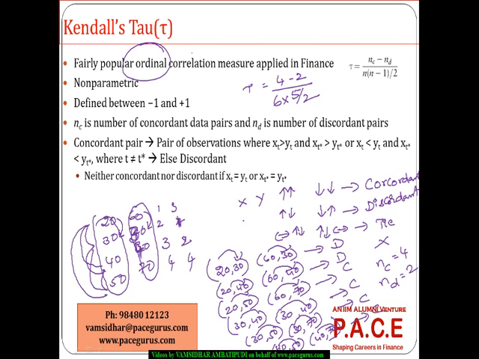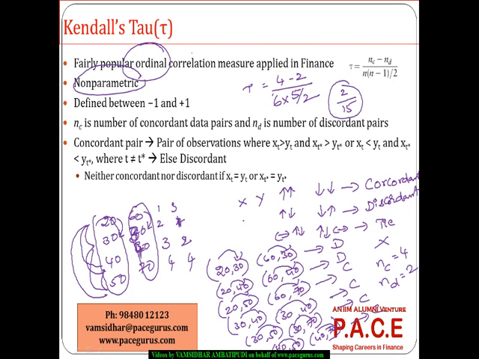Sorry, here n is the total number of pairs, so 6 into 5 by 2. So overall 2 divided by 15. So this forms the correlation that exists between the two variables on a Kendall's tau computation basis.